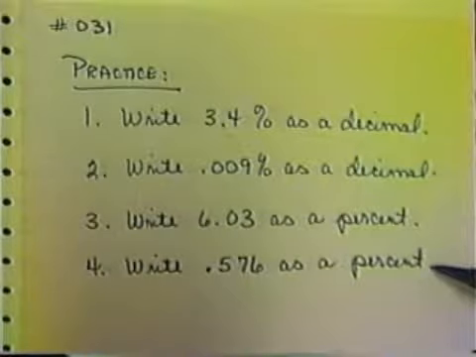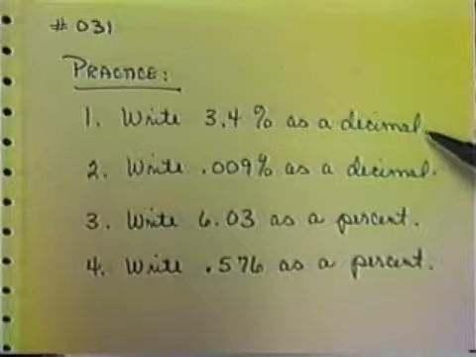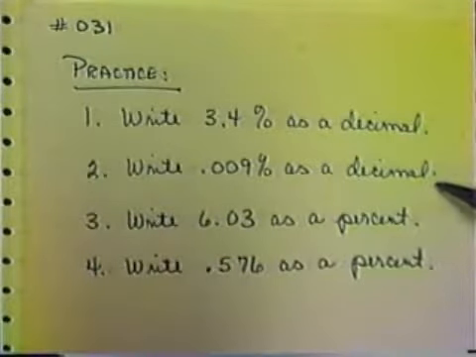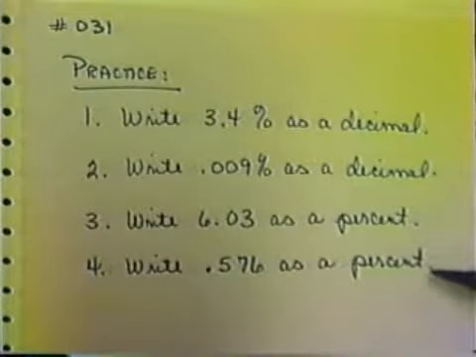And the fourth one is to write 0.576 as a percent.